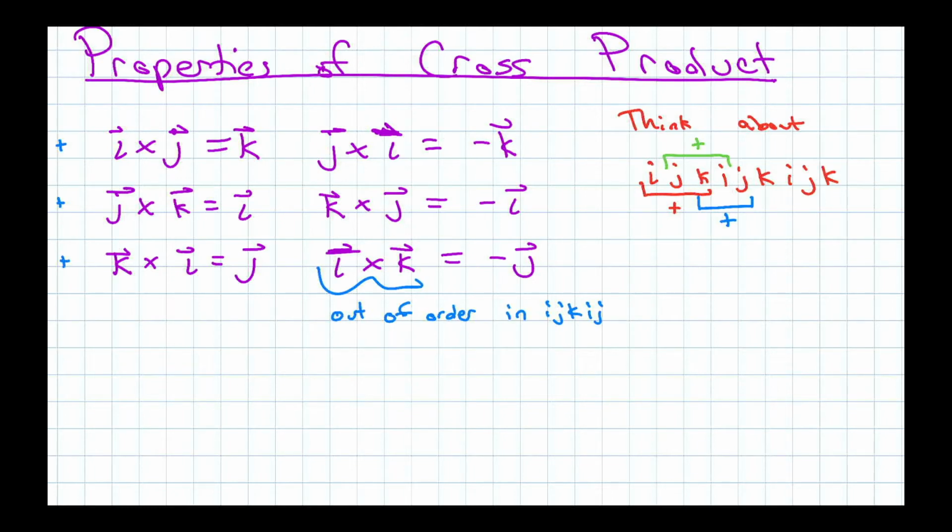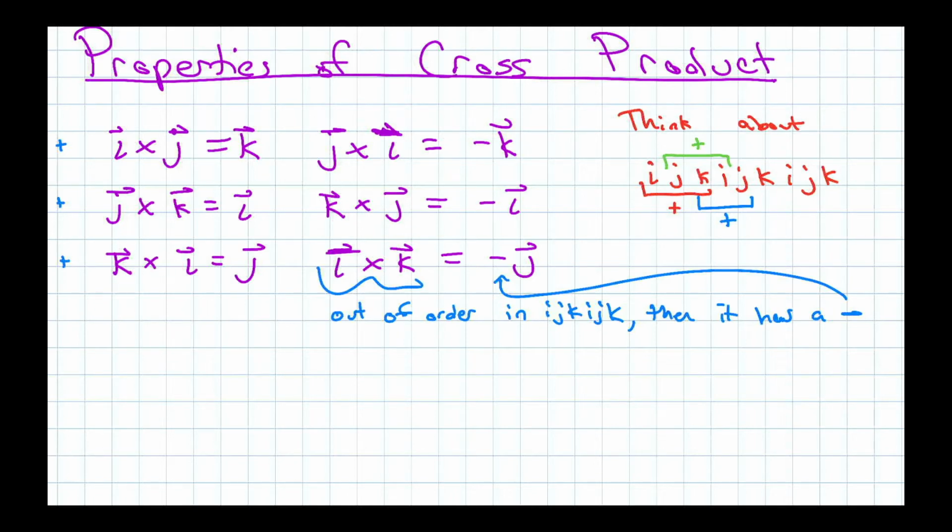Okay, so those are out of order if you write IJK, IJK, IJK, and then you get the negative. There. And that's the pattern. So I and J is in order, J and K is in order, K and I is in order because it goes IJK, IJK.